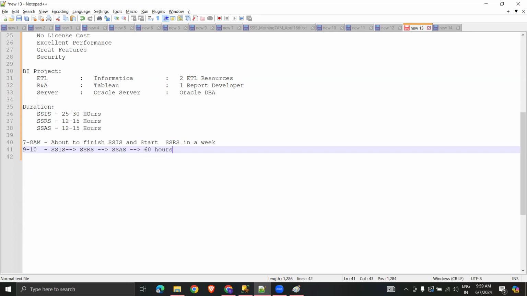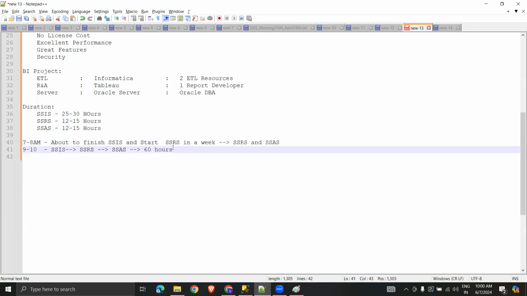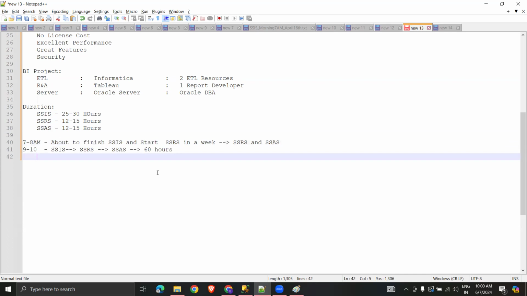If you want to finish it as early as possible, before 60 hours, I would recommend you go with SSRS and SSAS in the 8 to 9 batch after 1 week. By that time, you will be completing both parallelly.